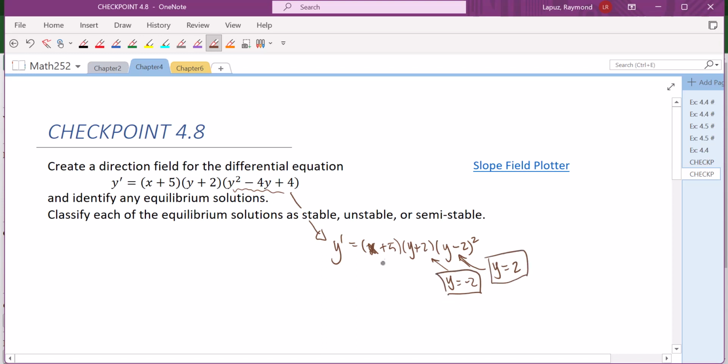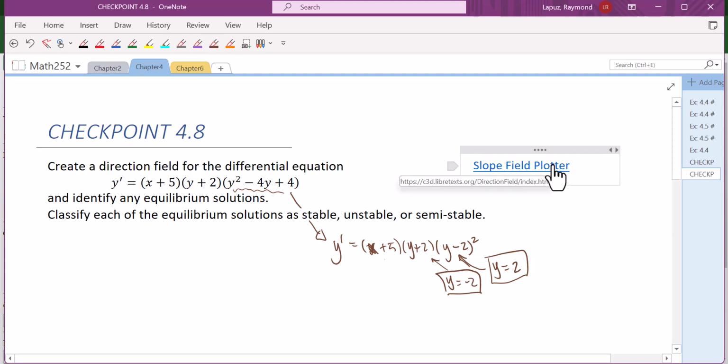The x plus 5, setting that equal to 0 will show us something kind of weird happening when x is equal to -5, but I don't think it'll play much of a factor in our equilibrium point analysis.